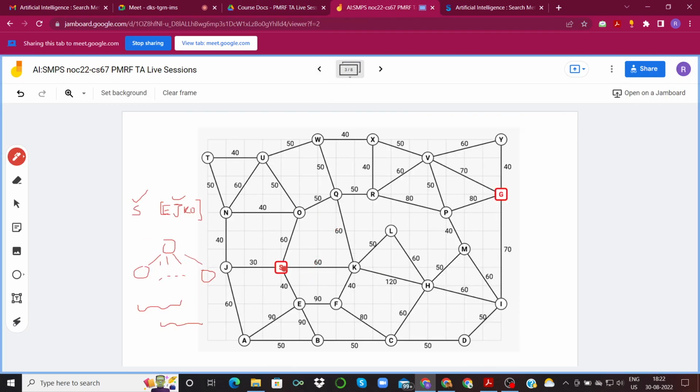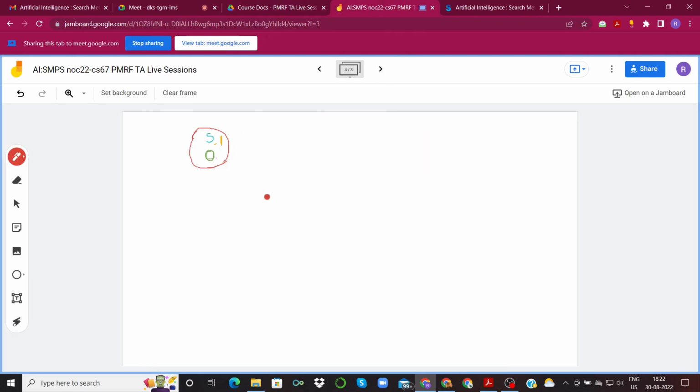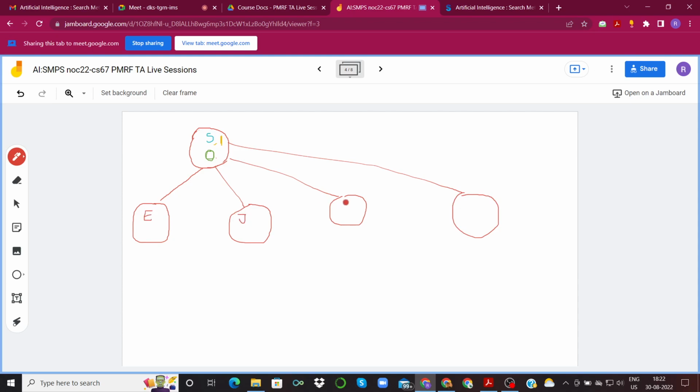What are the nodes that we could go to from S? They were E, J, K, and O, right? So these four are our options. Let's just draw those. So we have E, J, K, and O. We are not assigning the sequence number yet because we have not yet decided which of these four nodes to refine next.